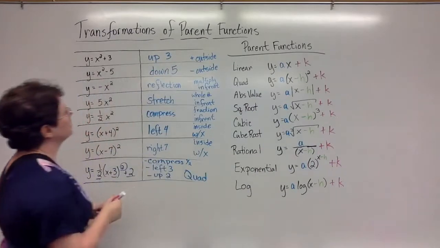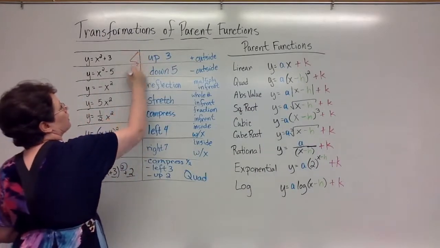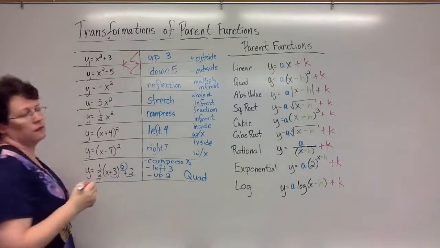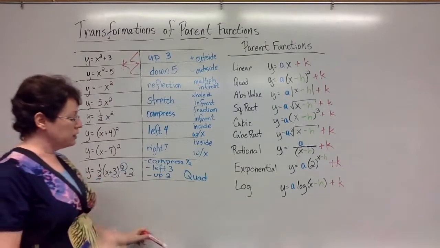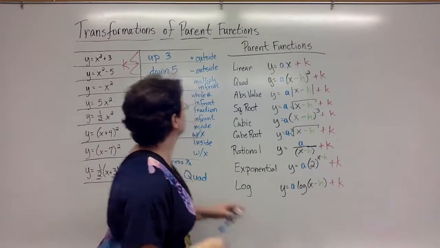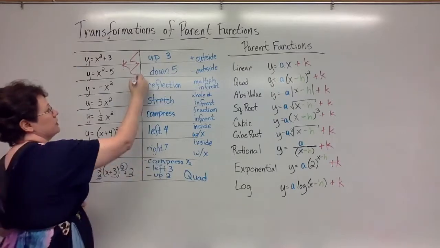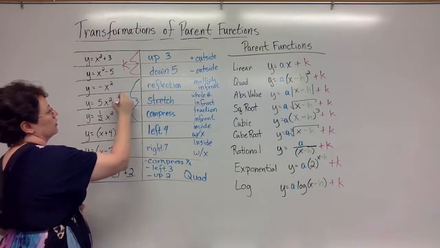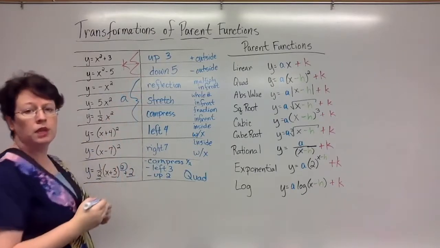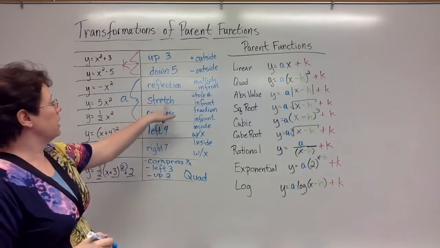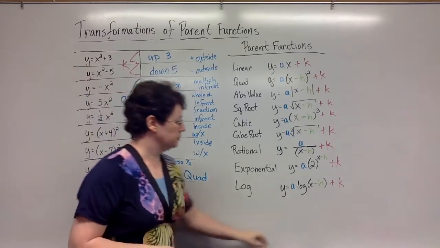So, if it's outside at the end, that's my K. It's always going to move it up or down. If it's in front, being multiplied, it's going to reflect, stretch, or compress.